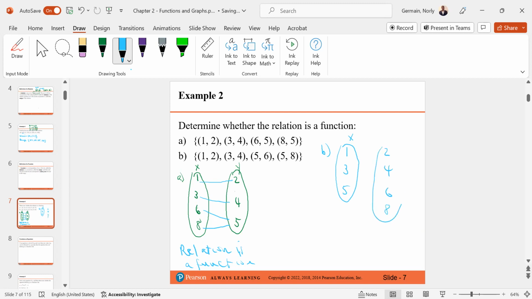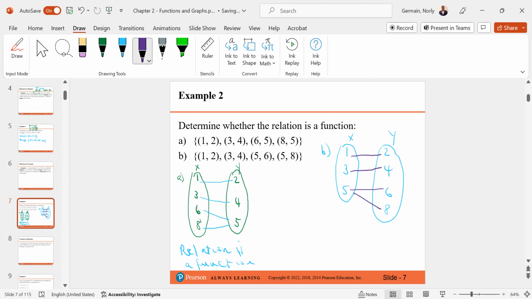Okay, that's the second one. Now, let's call it Y. First component, 1 goes to 2, agree? 3 goes to 4, and 5 goes to 6, all right? And you see, 5 also goes to 8.